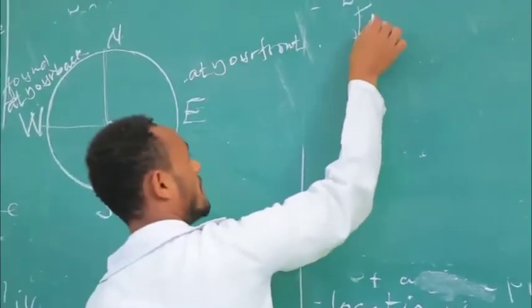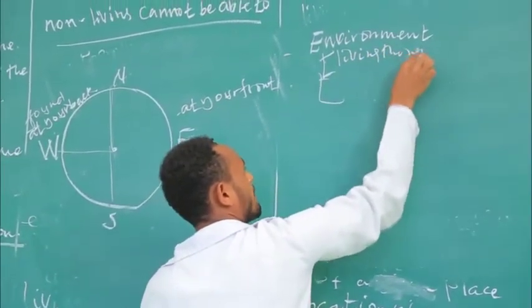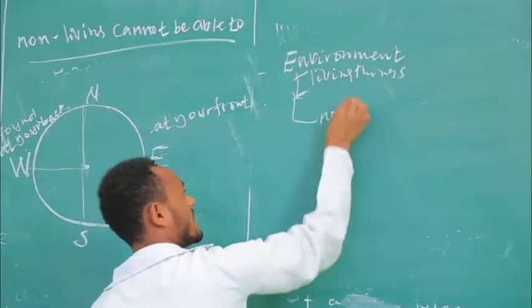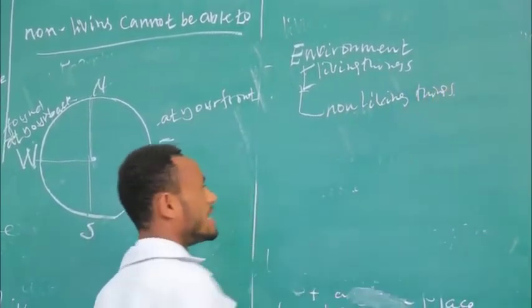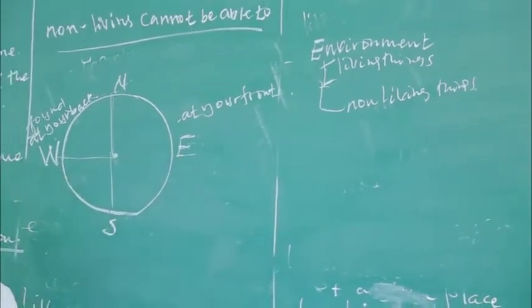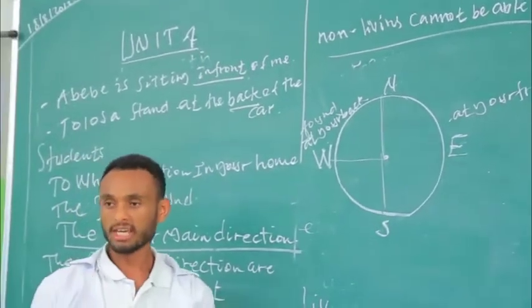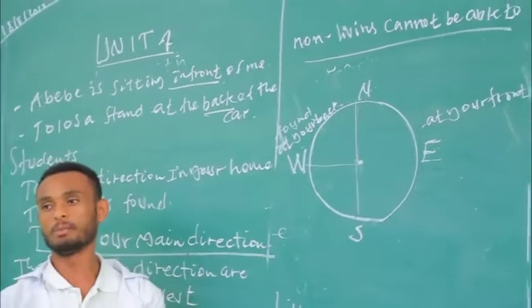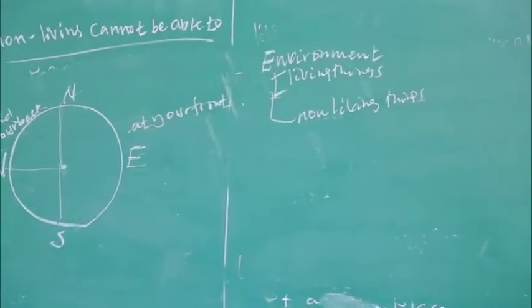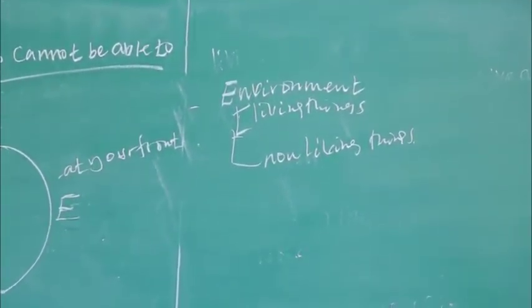And also we have seen about living things and non-living things. Non-living things are things which cannot show food taking or motility. They cannot move from one place to another. They cannot take food. They cannot breathe. They cannot drink water. This is the character of non-living things.